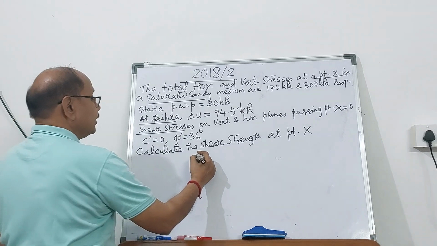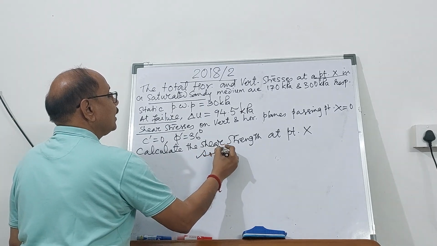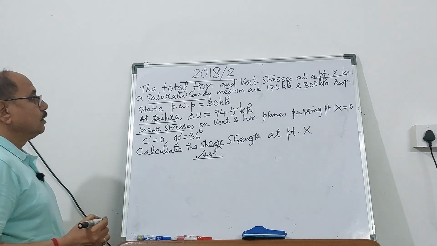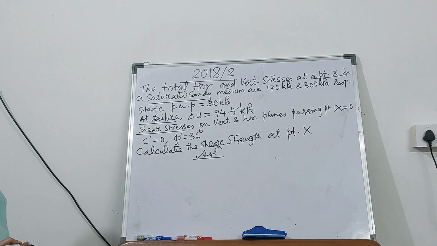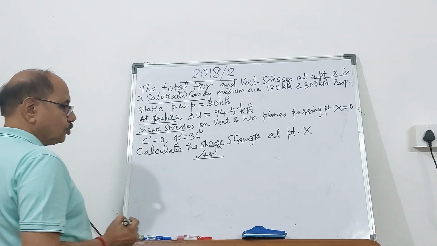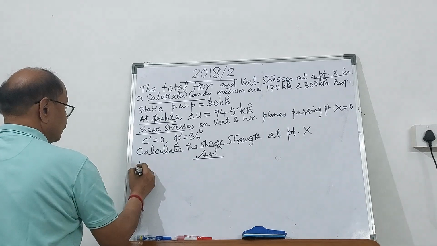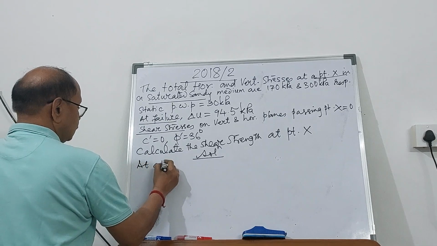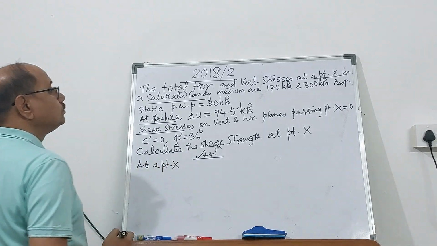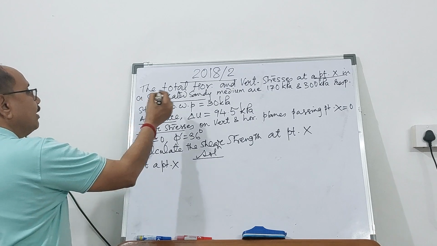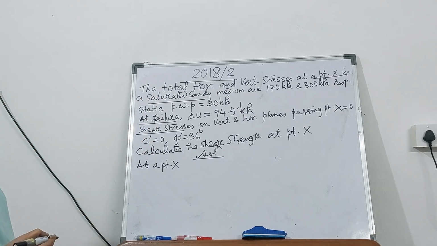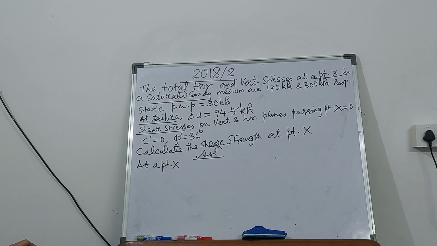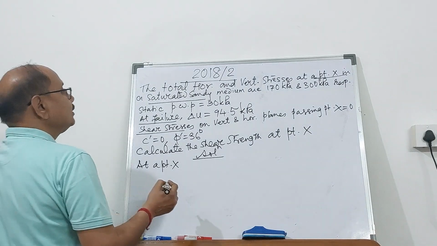So let us see. It's a simple problem again. This is an important 2018 problem. At a point X, what you have been given are the horizontal and vertical stresses. What is the horizontal stress?